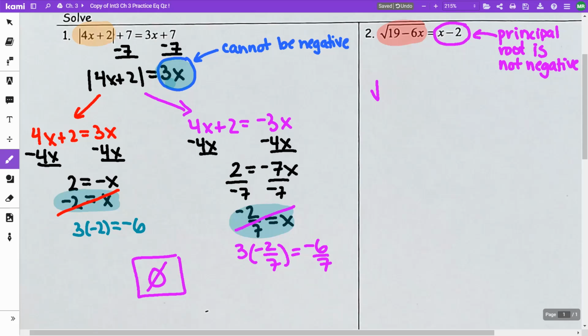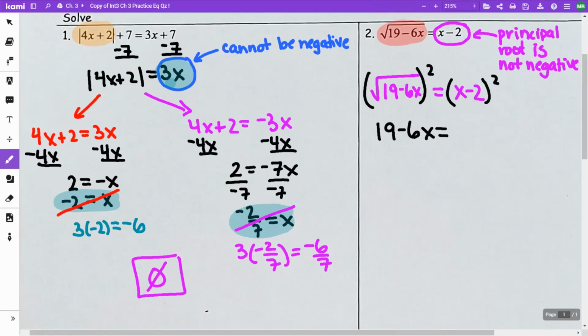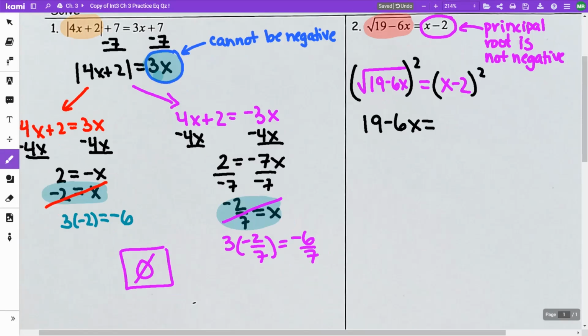So I'm going to have the square root of 19 minus 6x is equal to x minus 2. I am going to square both sides. When I square a square root, it undoes, and I get 19 minus 6x. And when you have an x minus 2 squared, you have to be careful. You need to either think about the following formula.